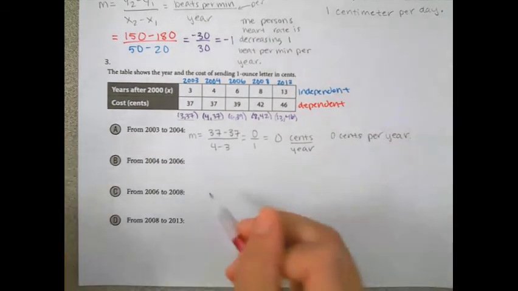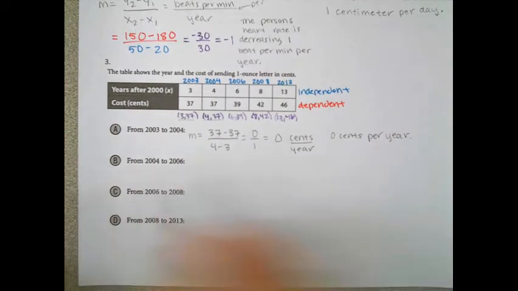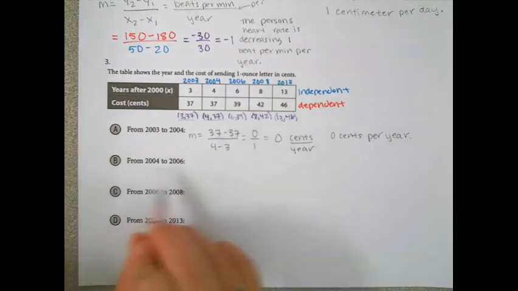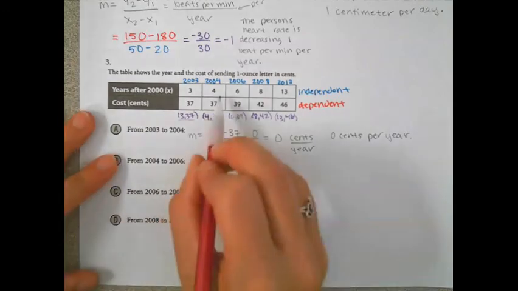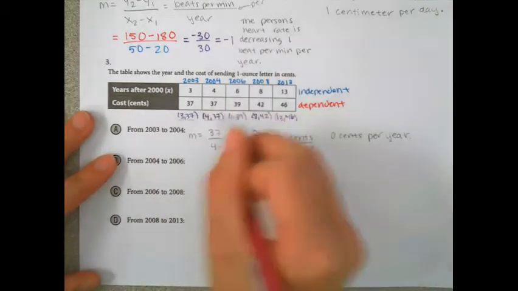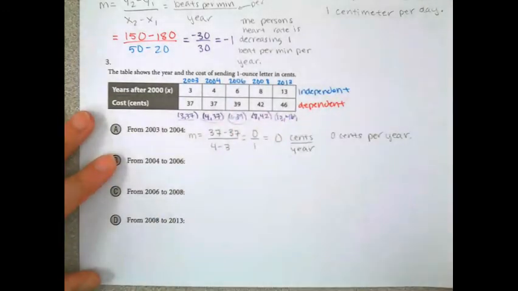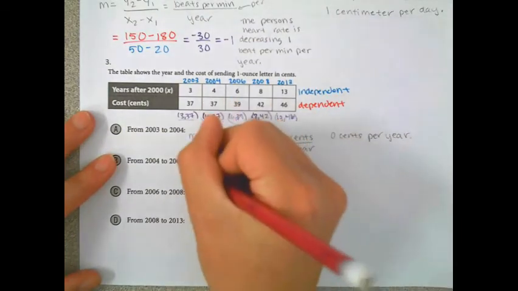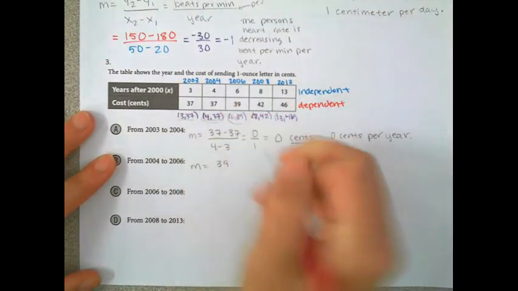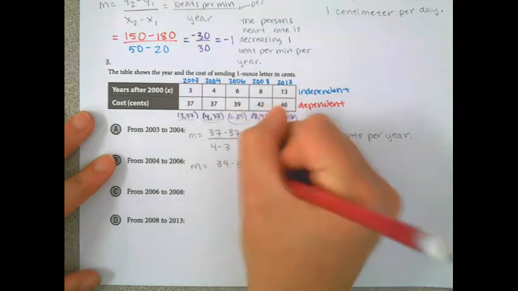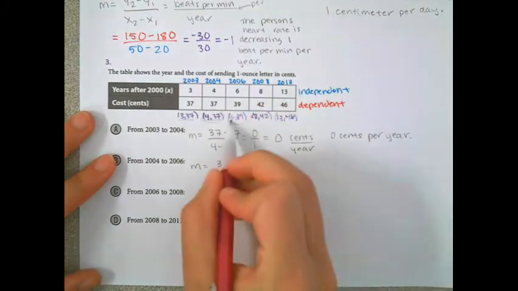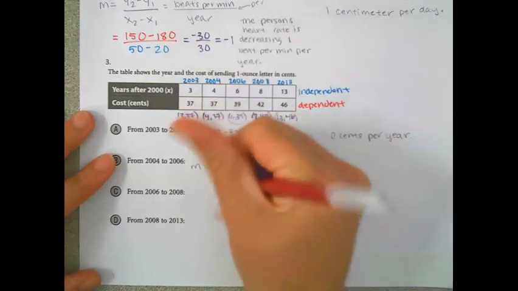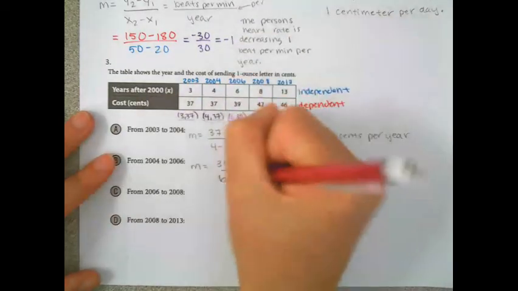We can continue to use that same idea, cents per year, for the next one as well. So let's go from 2004 to 2006. Now we're using these ordered pairs right here. So I'm going to say this is my y2. So m is equal to 39 minus y1, 37, over x2 minus x1, so that's 6 minus 4.